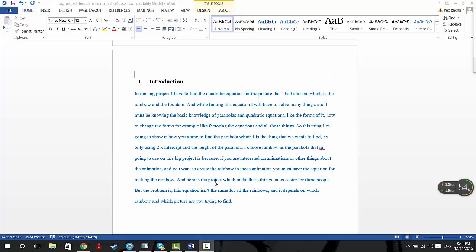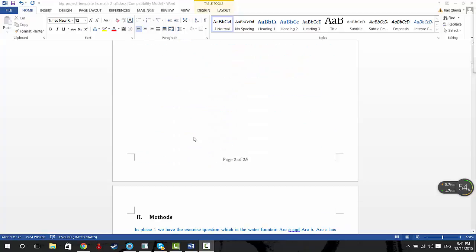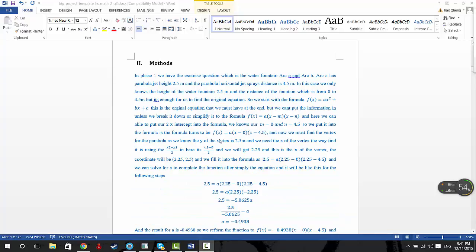And here is the project which makes this look easier for those people who don't know about this equation. Okay, but there's a problem. The problem is this equation isn't the same for all rainbows, and it depends on which rainbow and which picture you are trying to find. So after I teach you this, you can go find it by yourself.